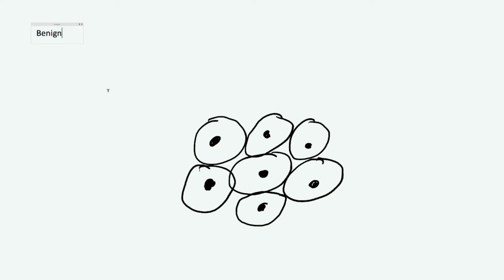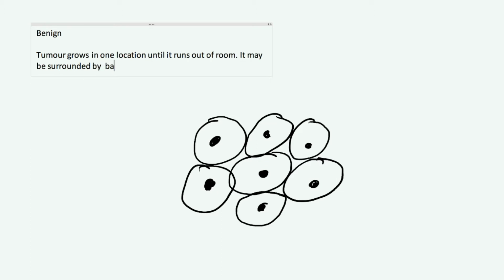Right, the tumour normally stays inside a single place, right, and that's because there's a barrier around it. Okay, so the tumour grows in one location until it runs out of room. Okay, it may be surrounded by a barrier or a membrane which stops it from growing further.